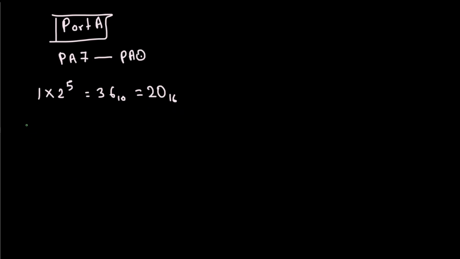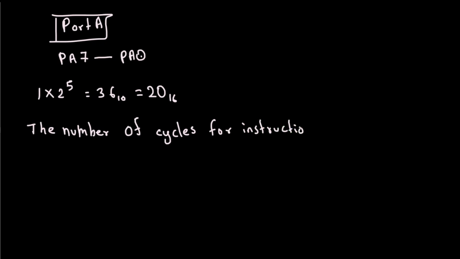Another thing we have to know is how many cycles each instruction costs. So let's mention the number of cycles for instructions. LDAA and STAA both cost 4 cycles each.